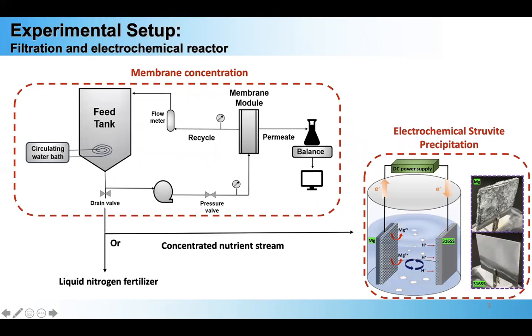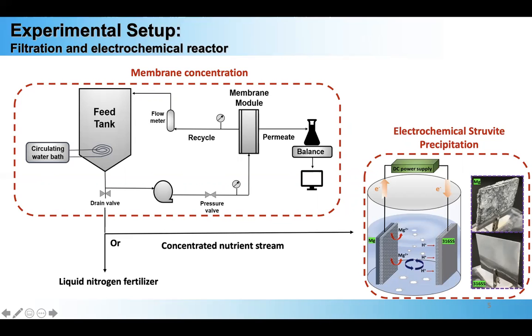Here is the schematic setup of our nanofiltration module and cross-flow filtration system that we use in this study. On the very left, we can see a feed tank. The wastewater is kept in there and recirculated through the system by a pump.